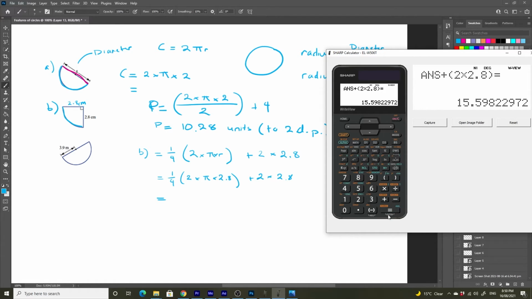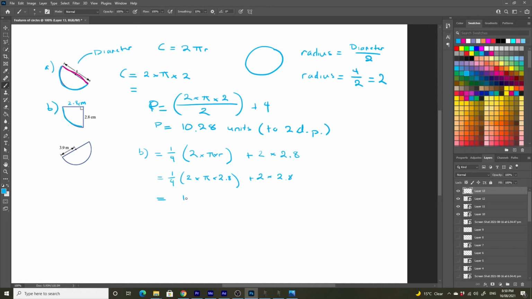Let's redo that: 2 times pi times 2.8 divided by 4, plus bracket 2 times 2.8 bracket, equals. So the total perimeter of our shape is 9.998, which rounds to 10.00. And this one is in centimeters.